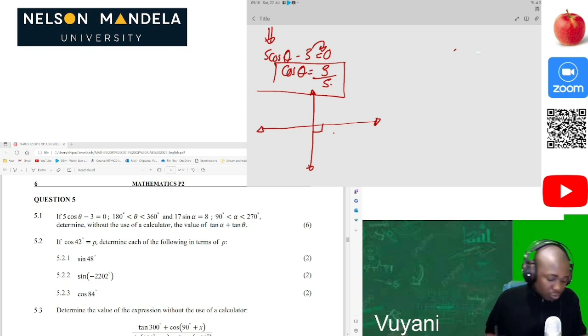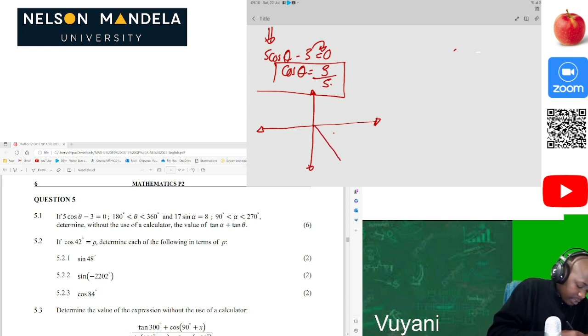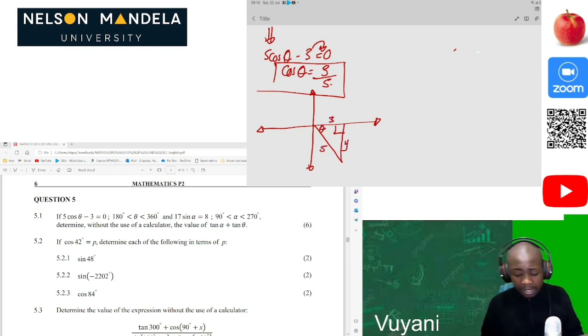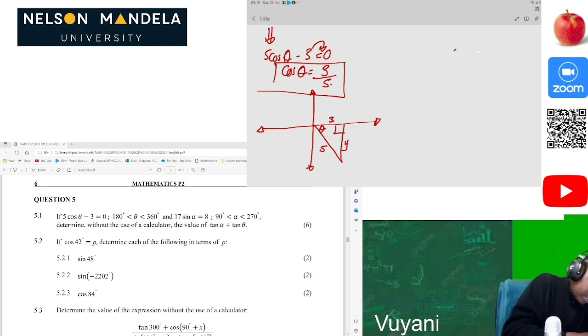So let's draw this first. This is our theta here, this is our 3, this is our 5. We must know the value of y here. Then let's draw the second one.